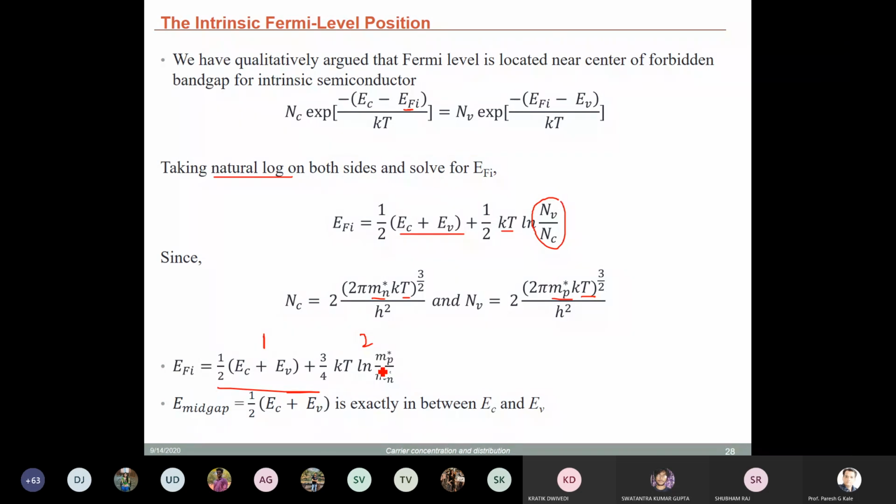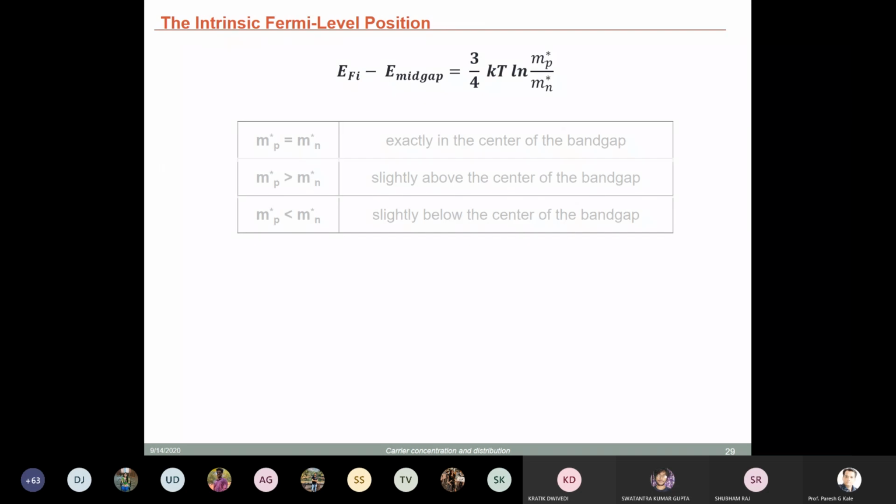So the point here is that, for simplification, if we assume that the mass of electron and mass of holes are more or less the same, this second term will vanish, and what we will get is EFI is just (EC + EV)/2. So with this assumption, which is okay to assume, if the carrier masses are equal, then the Fermi level will lie between the two bands, conduction and valence band, and that's why EFI, EF and E mid gap will be the same whenever we talk about the intrinsic level of the Fermi level.